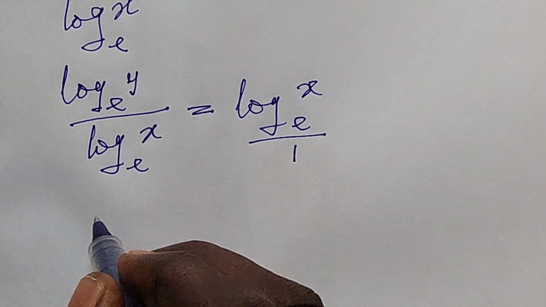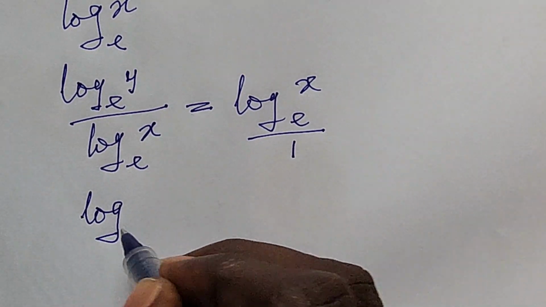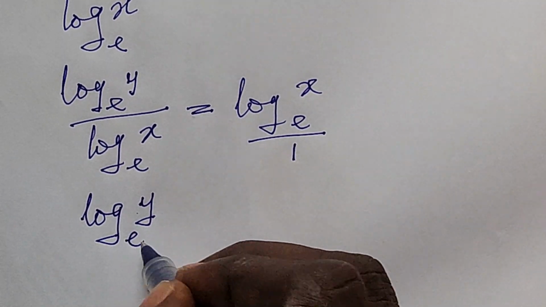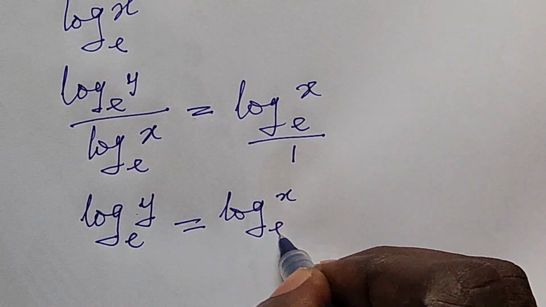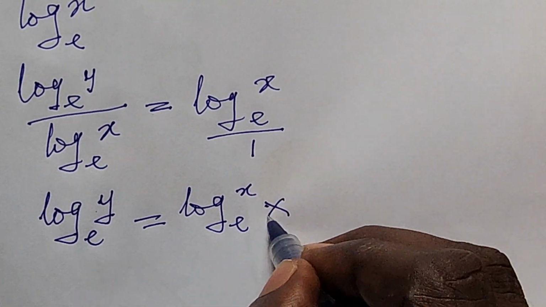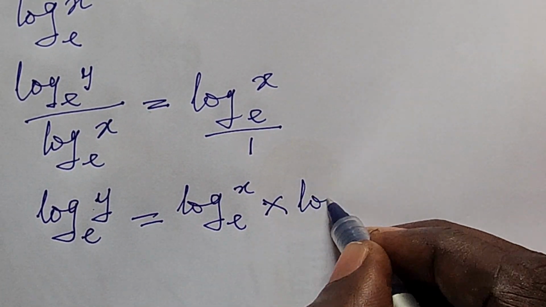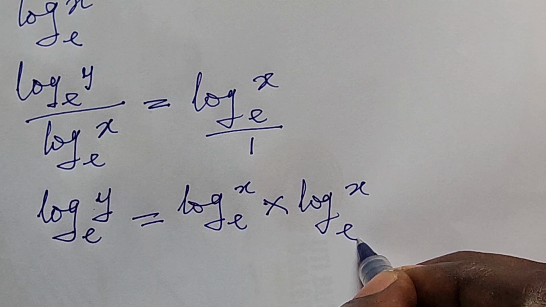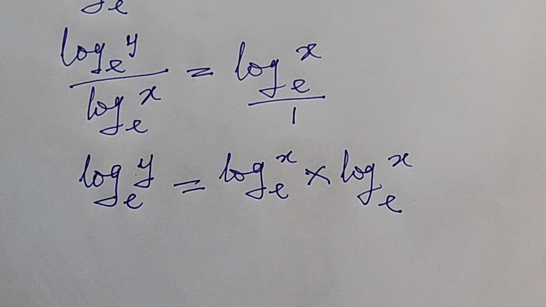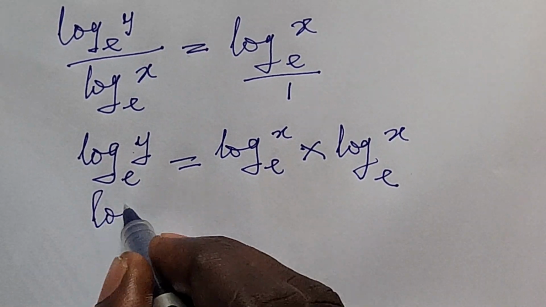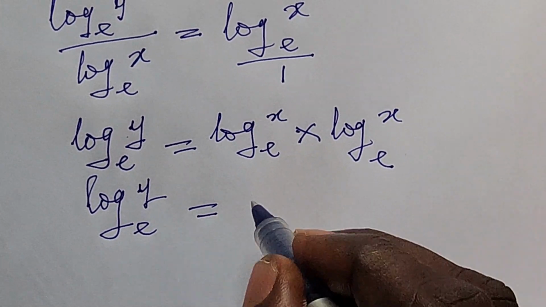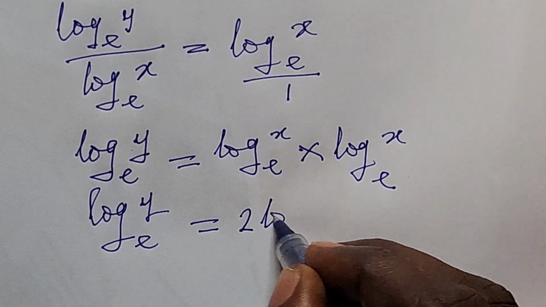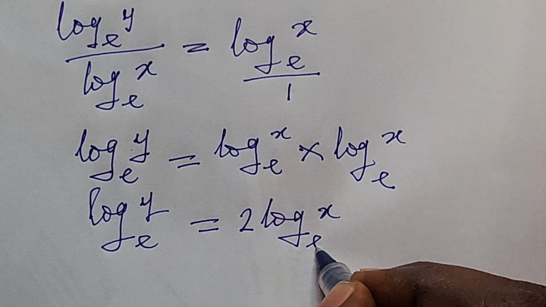This gives us log y base e equal to log x base e times log x base e. If we multiply this together, we have log y base e equal to the log of x base e.